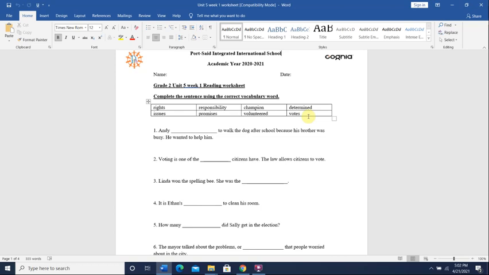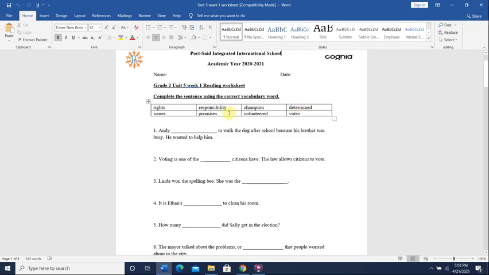Or when there's a law that they want to agree to, people go and vote to say yes or no about it. So vote means to choose something, and then they will count the votes to see who has more votes, and that will be the winner or the leader of the country or the leader of the city.